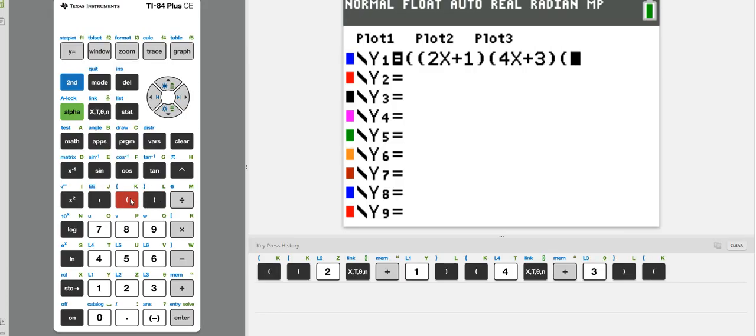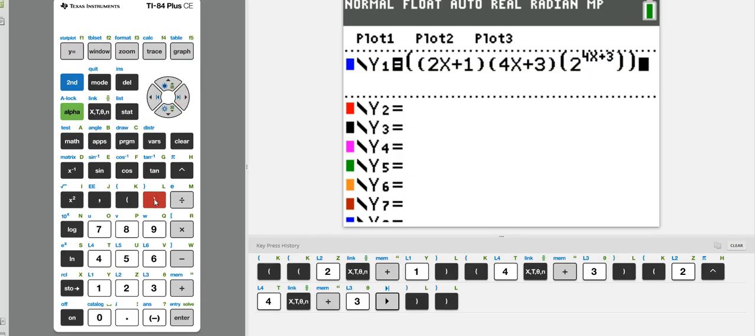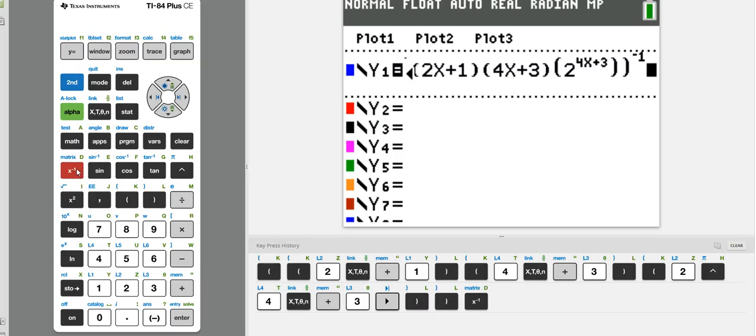Actually, didn't really need that. Oh, awesome, that's all right. 2 raised to the 4x plus 3. Right arrow to get out of the exponent, parenthesis, another one to close off this term. And because I want it in the denominator, I'm going to raise it to the negative first power.